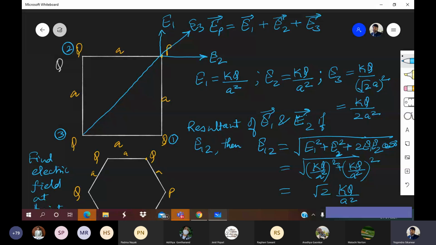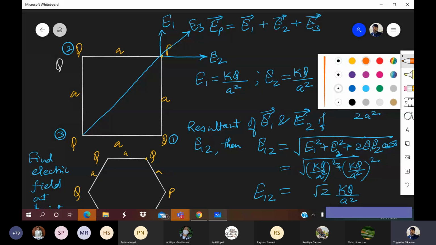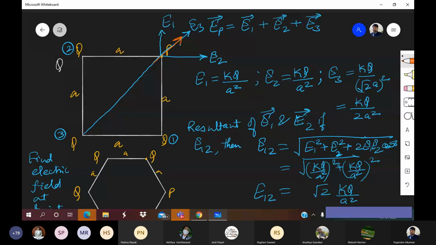Interestingly, E12 will be in the direction of E3. So when E12 and E3 are in the same direction, then we can simply and easily add them.